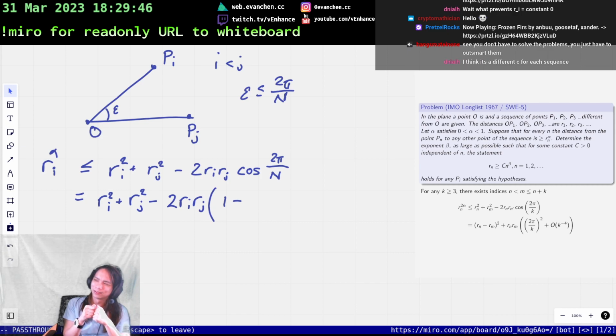Hang on, something's wrong. Yeah, I know it's per sequence. Again, hang on, I'm confused. There's too many quantifiers. Help. Such that for some constant C independent of n, but depending on the PIs.